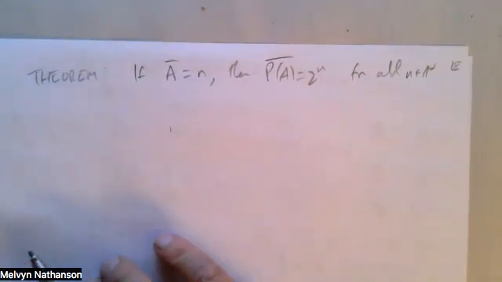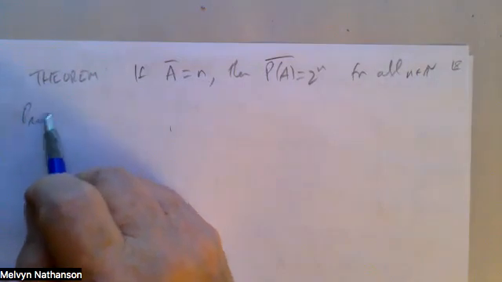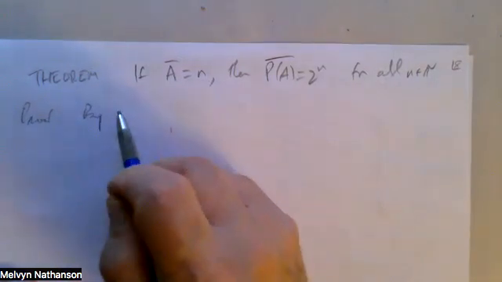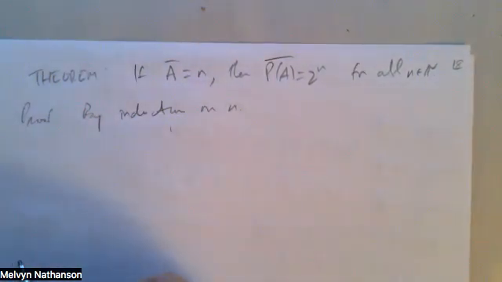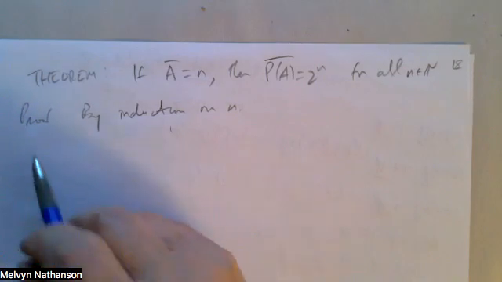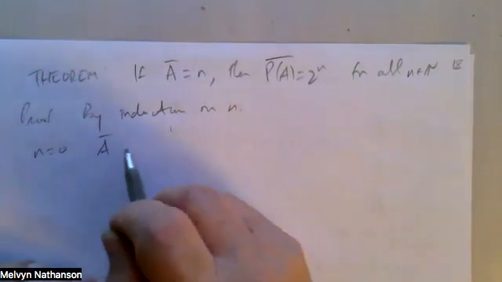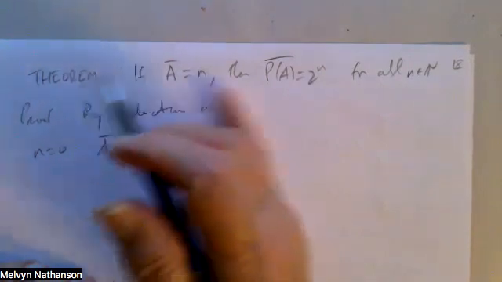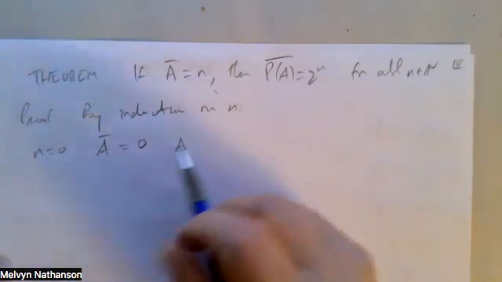So there are many different ways to prove this. Let me give a proof by induction on n. Normally, you can start with 1. You can even start with n equals 0. Let's just look at it. N equals 0. That means the cardinality of A is 0. That means A contains nothing.